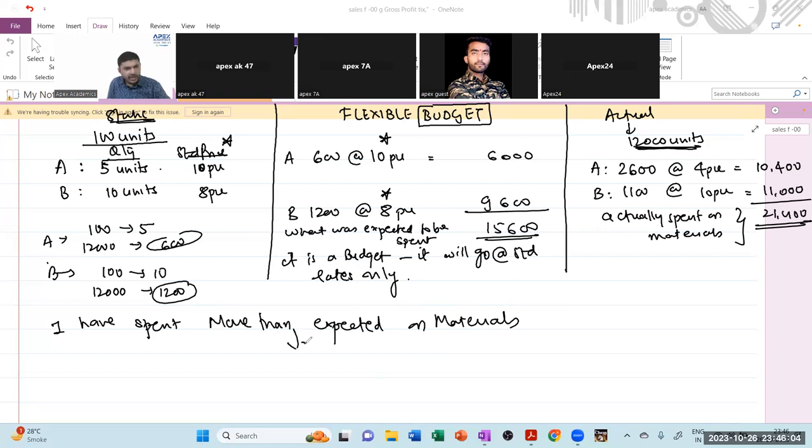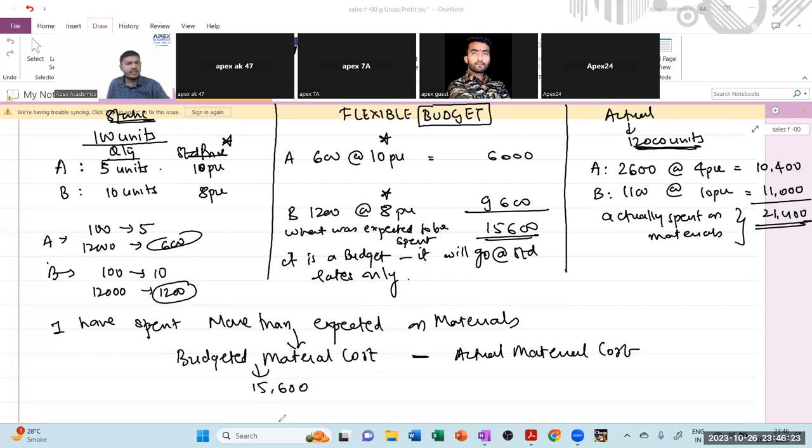on materials. How did I compare this? I compared my budgeted material cost minus my actual material cost. What is my budgeted material cost? 15,600. And what is my actual material cost? 21,400.